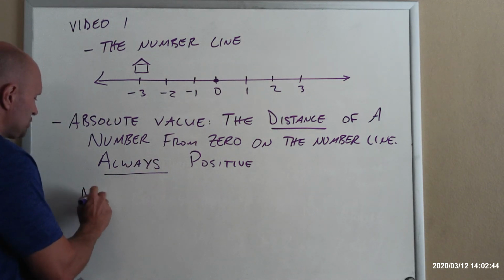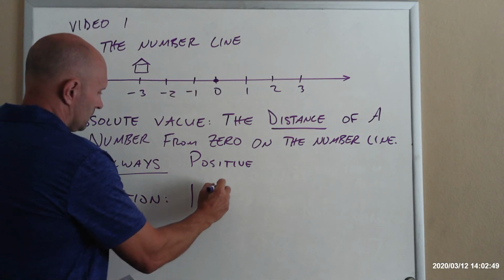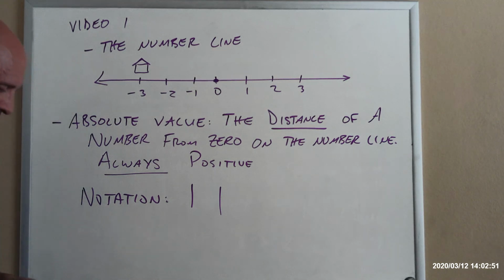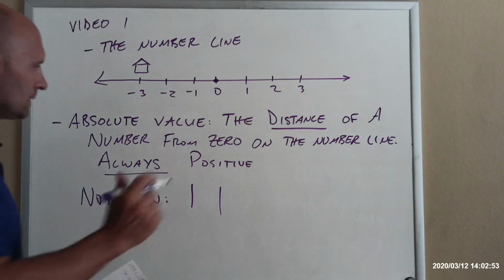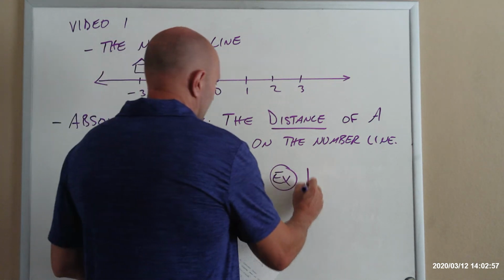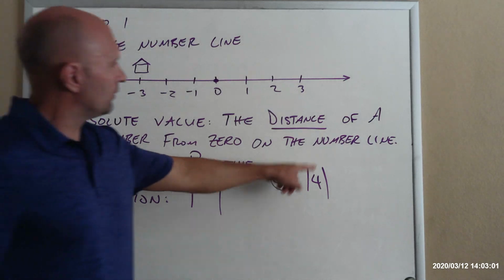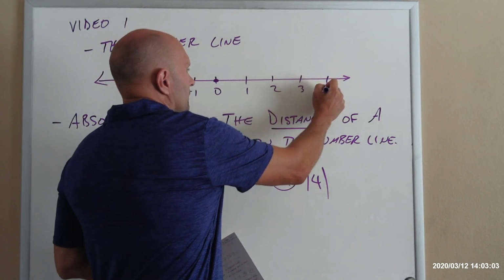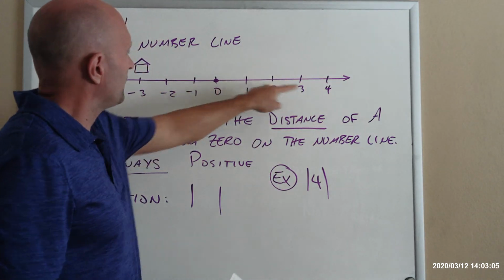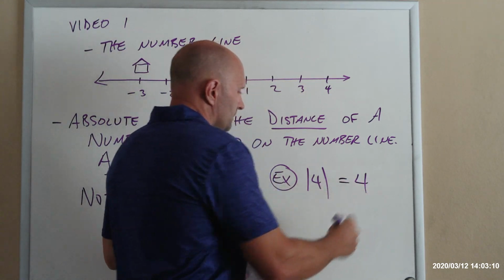And the notation that we use for absolute value is 2 vertical bars. For example, if I have the absolute value of 4, where's 4 on the number line? It's out here. How many units is that away from 0? Well, it's 4 units away.